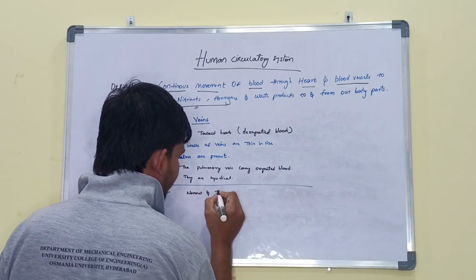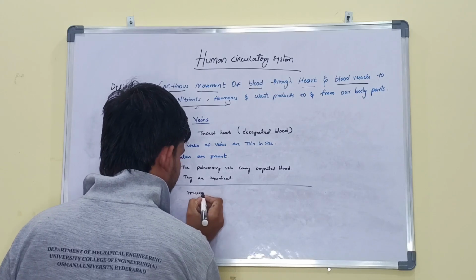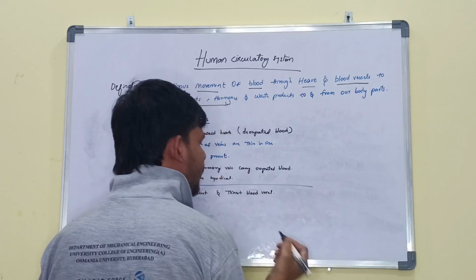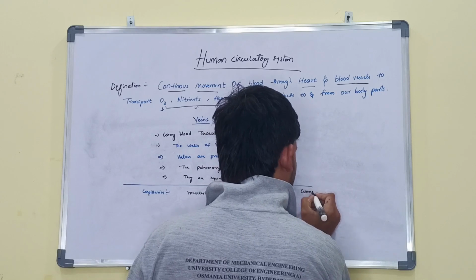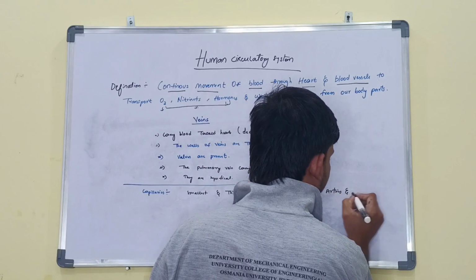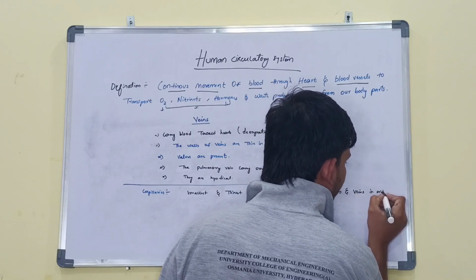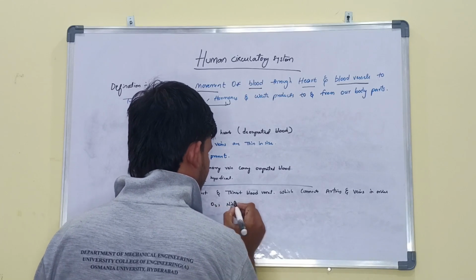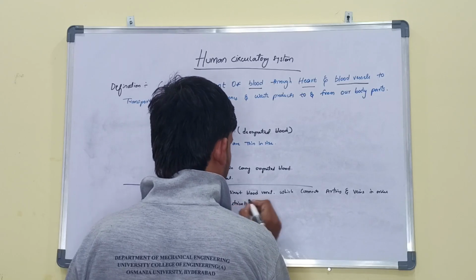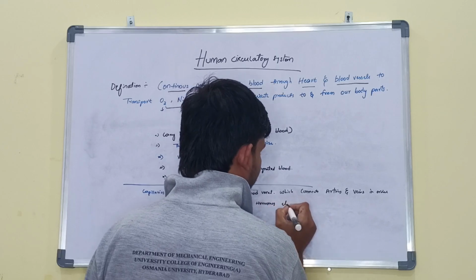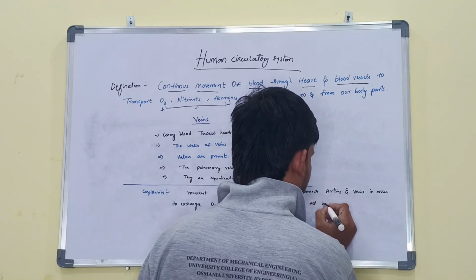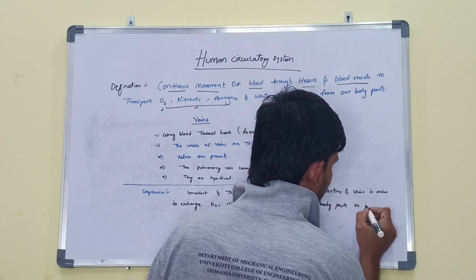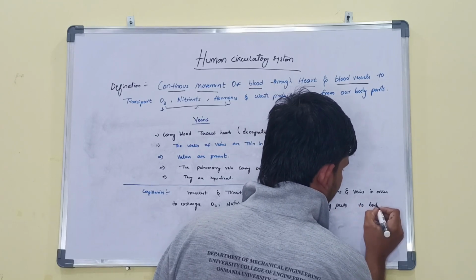Narrow and thin, the smallest and thinnest blood vessel, which connects arteries and veins in order to exchange oxygen, nutrients, hormones, etc. from body parts to body cells.